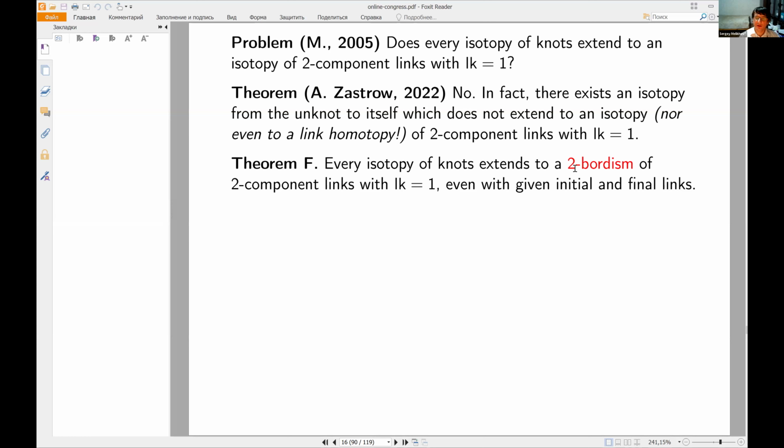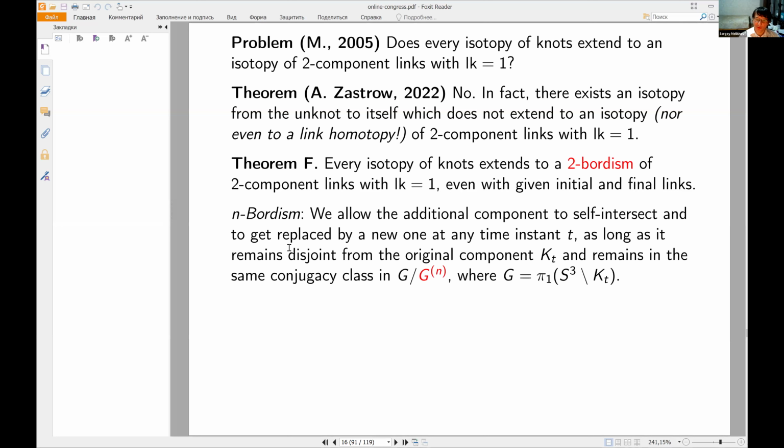And there is a bordism, which I'll define in a moment, such that every isotopy of knots, topological isotopy of wild knots, extends to a two-bordism of two-component links with linking number 1, even if you specify the initial link and the final one. So what is n-bordism?